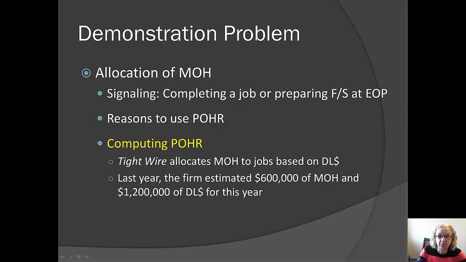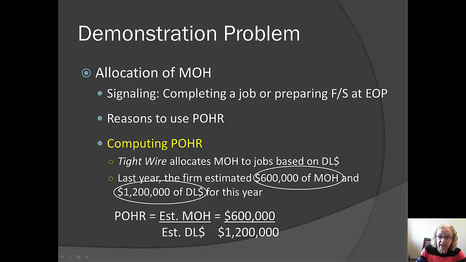So at that time, last December, it computed its predetermined overhead rate by taking its estimated overhead, $600,000, and dividing by its estimated labor dollars, $1,200,000.